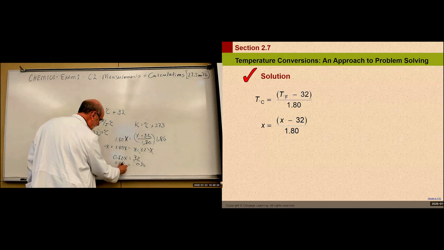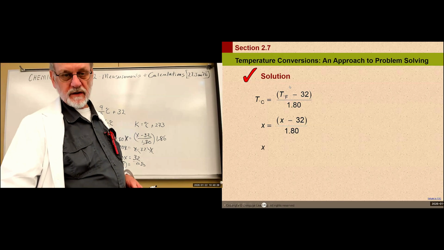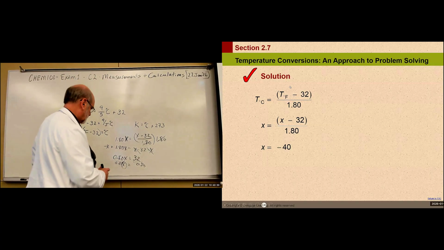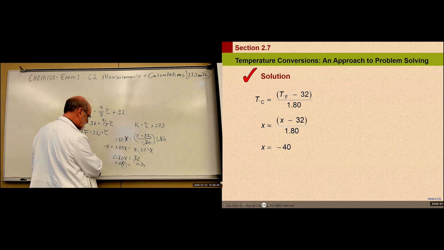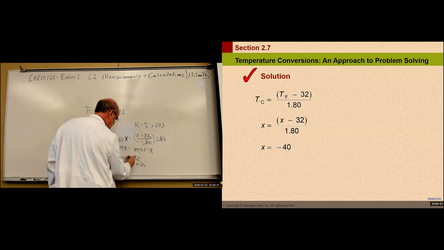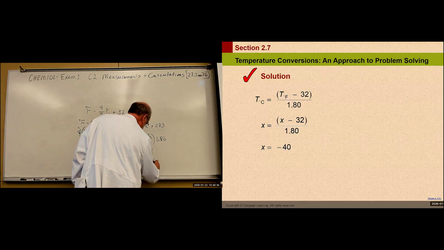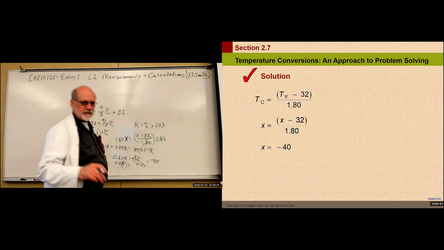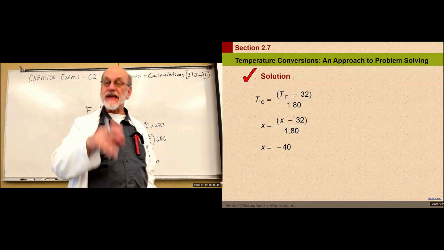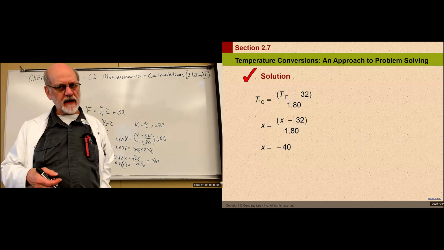So now X equals 32 divided by 0.8, which is 40. Oh, this is a minus, excuse me. That minus is here. So that makes minus 40. Minus 40 degrees Celsius equals minus 40 degrees Fahrenheit. And believe me, that is very cold.